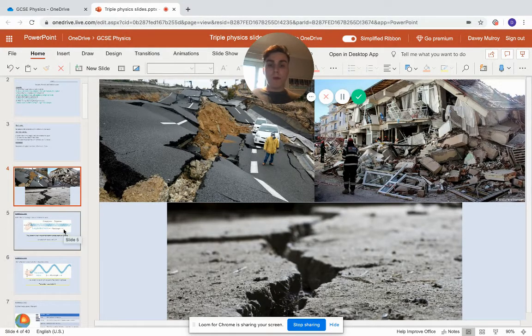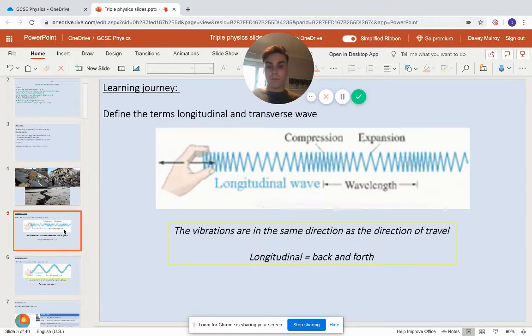Our first wave that we're talking about is a longitudinal wave. And when it comes to a longitudinal wave, I want you to think of, on Toy Story, the dog with the slinky? Think of the slinky itself. That slinky moves back and forth. It vibrates back and forth.